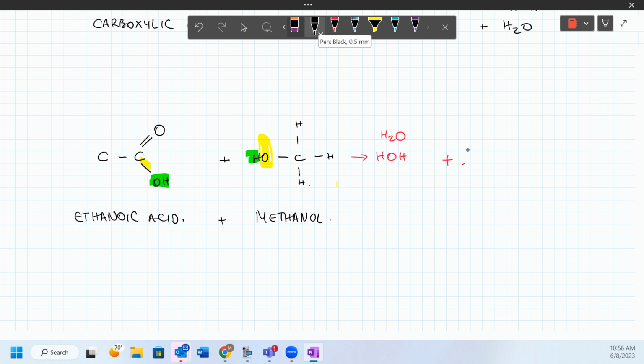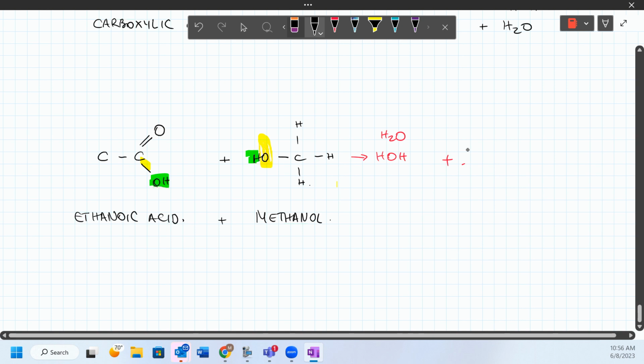So structurally, in the structure form, what we will have is something like this.